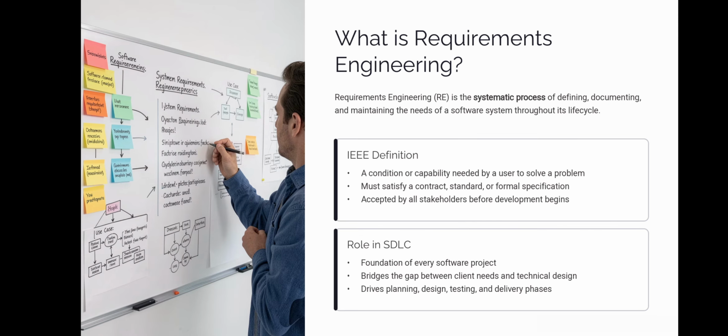So, what is requirement engineering or RE? It is the systematic process of defining, documenting, and maintaining the requirements for a software system. As defined by the IEEE, a requirement is a condition or capability needed by a user to solve a problem.